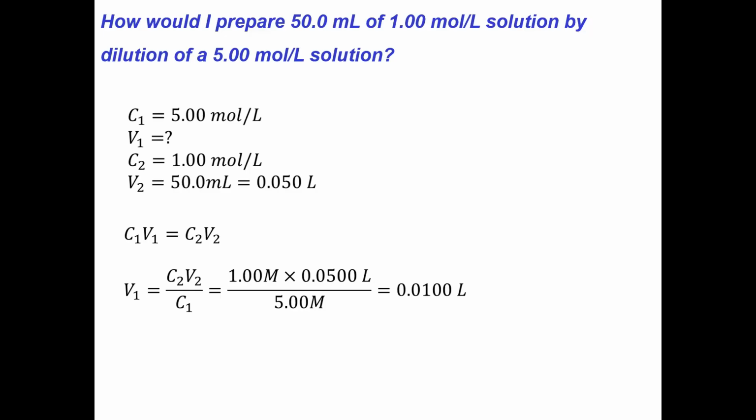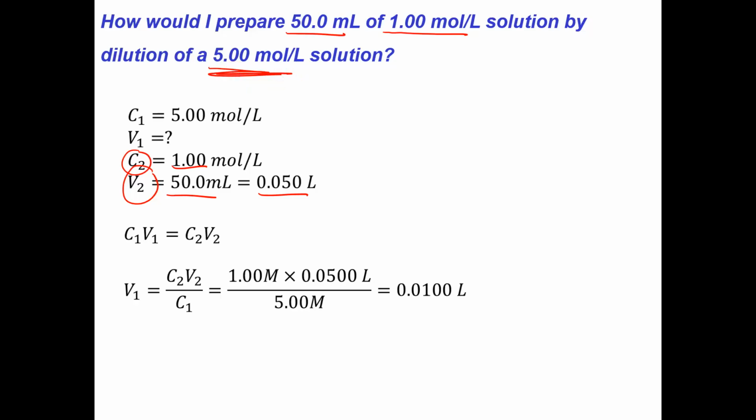Here's another one. How would I prepare 50 milliliters of a 1 mole per liter solution? That's what we want to end up with, so C2 is 1 mole per liter and V2 is 50 milliliters or 0.05 liters. We're going to prepare this by diluting a 5 mole per liter solution.